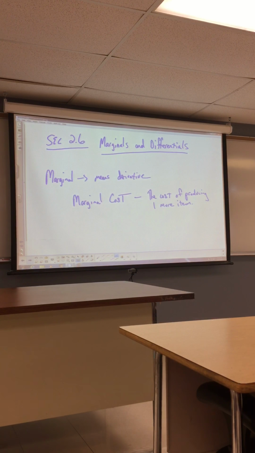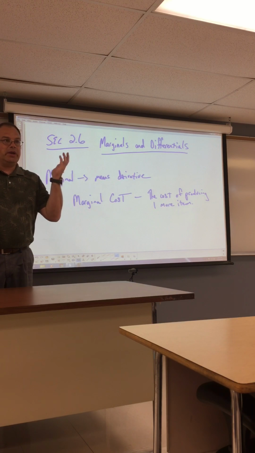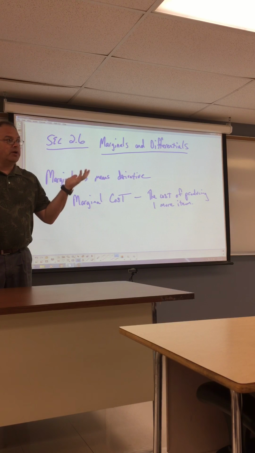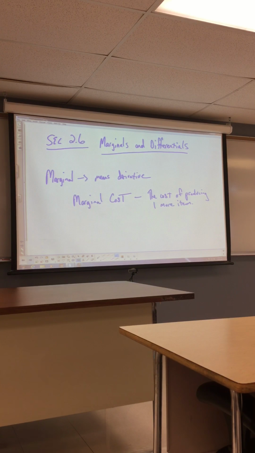Those are the words. So it turns out that sometimes that's hard to do. How do you know how much it's going to cost you to make the 51st item until you actually make it? Everybody agree? I mean, you can estimate it, but do you agree from the last section that we just did? Isn't there a maximum somewhere? And once you go past that maximum, now you're spending more money and not getting as much money back in return anymore, correct?